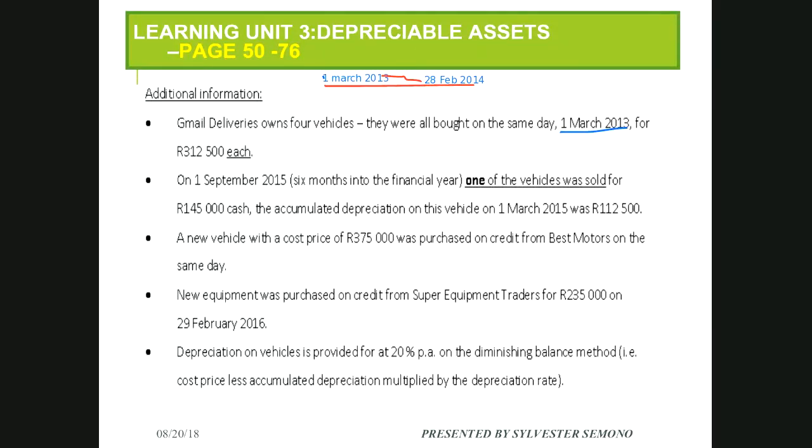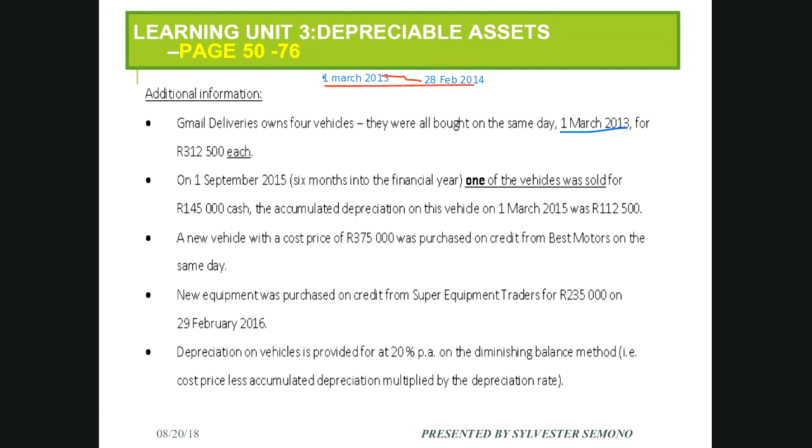Because it's still new, we just multiply this by how many percent? 20%, which is the same as 20 over 100. But how many months do you count for that period? 12 over 12.